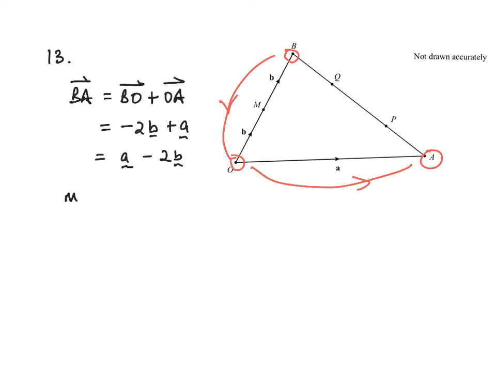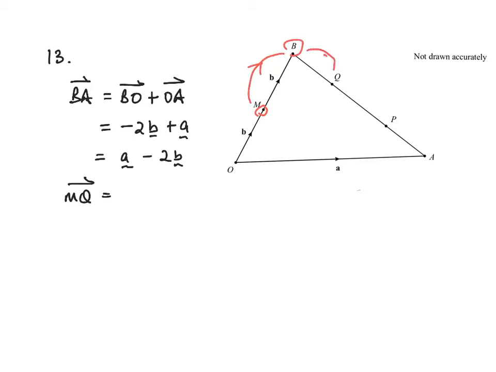MQ, we're going from this point here to B and then to Q. So MB plus BQ.